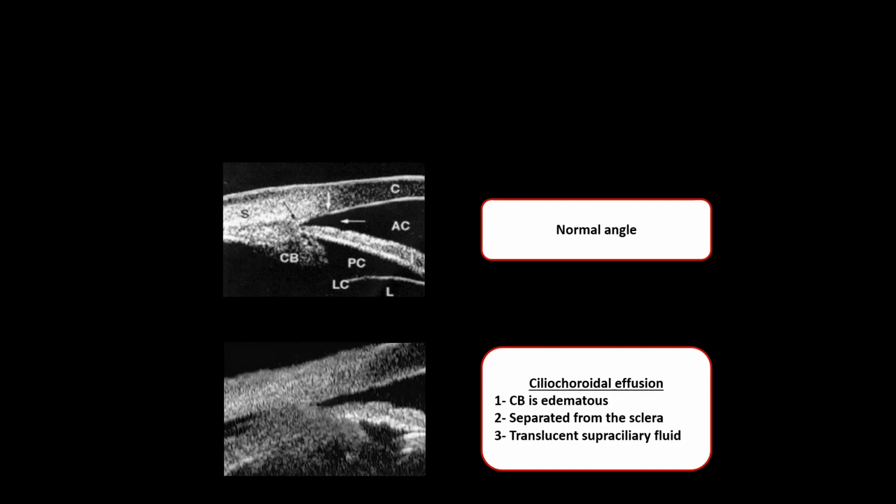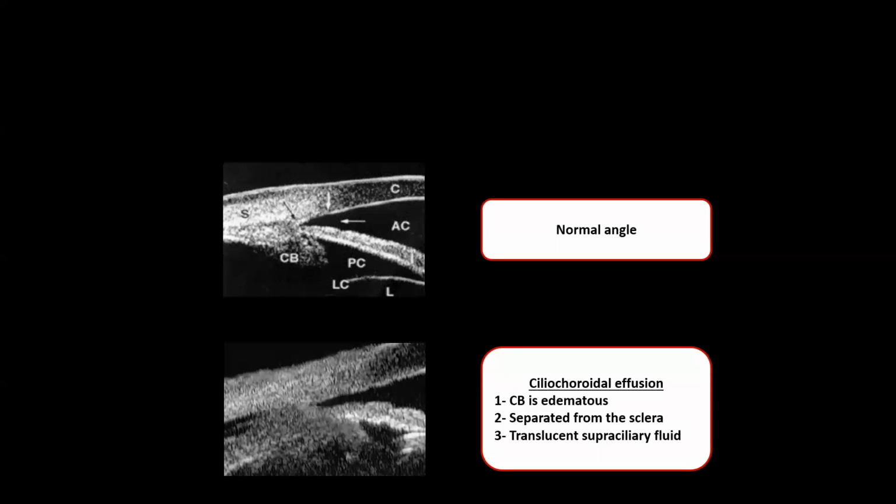But there is something else missing in ciliocoroidal effusion. Other than atropine, what do you need to do? There is one medication that you need to increase. Maybe I will use topical steroid as well. Yes, so you need to increase the frequency of topical steroids. Why?